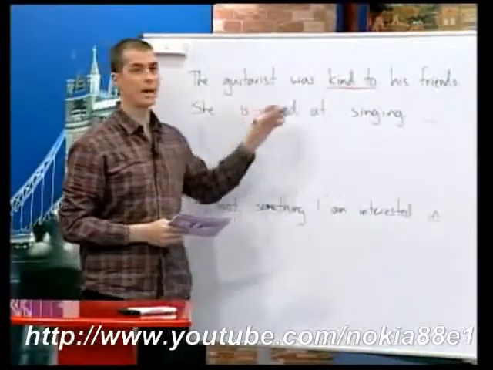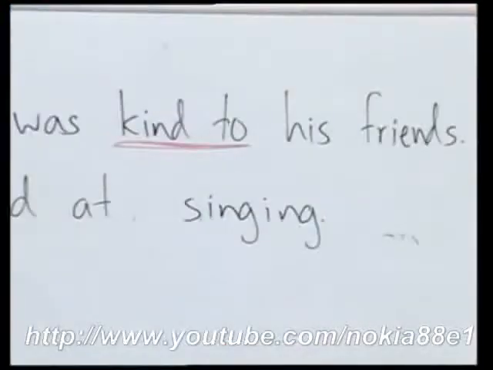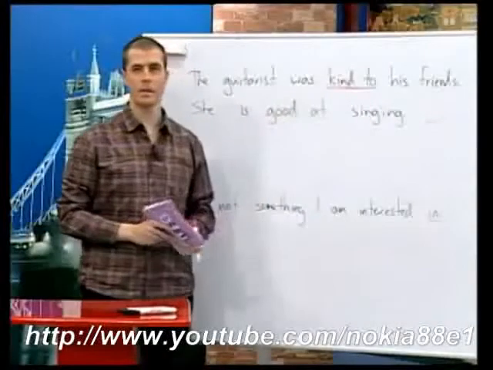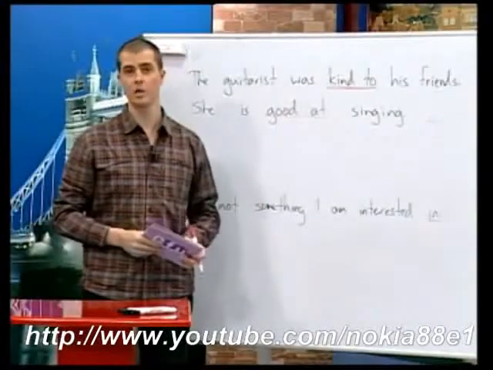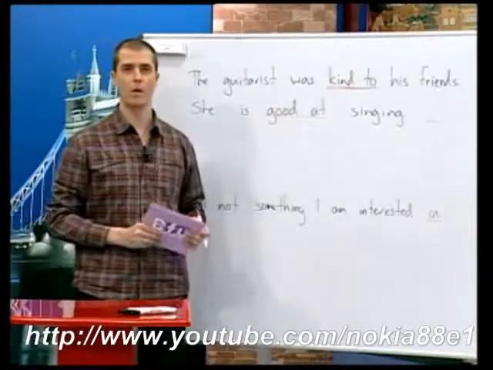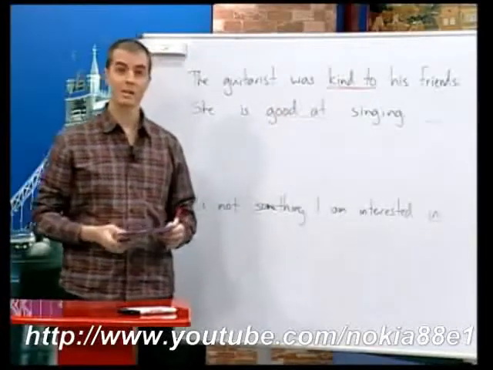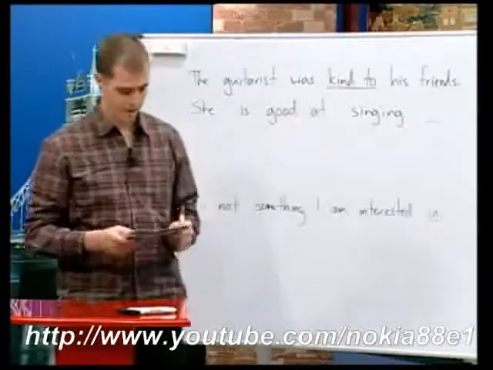The guitarist was kind to, not kind at or kind for, always kind to. And she is good at singing. She can sing well. She is good at singing, not good to singing or good for singing, always good at singing. Well, let's look at prepositions.